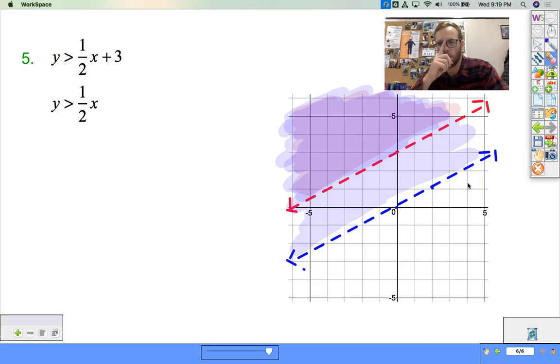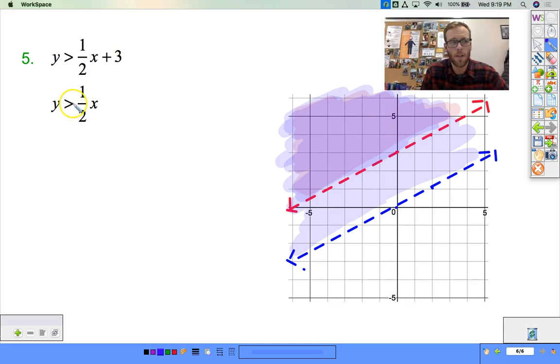Final question. What if I wanted this to be no solution? What if I didn't want any points in my region? What would I have to change about that system? Well, if you said that if we shaded below this blue line and above this red line, there would be no overlap, would there?